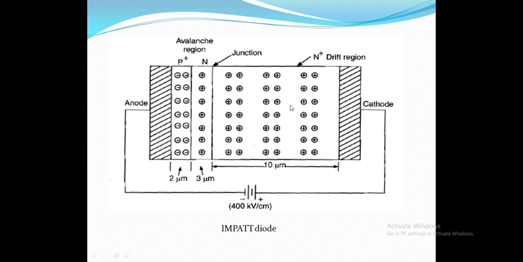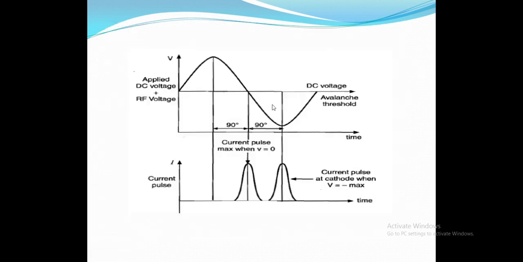Now the IMPATT diode and its characteristics are shown here. The IMPATT diode is operated under reverse bias conditions.